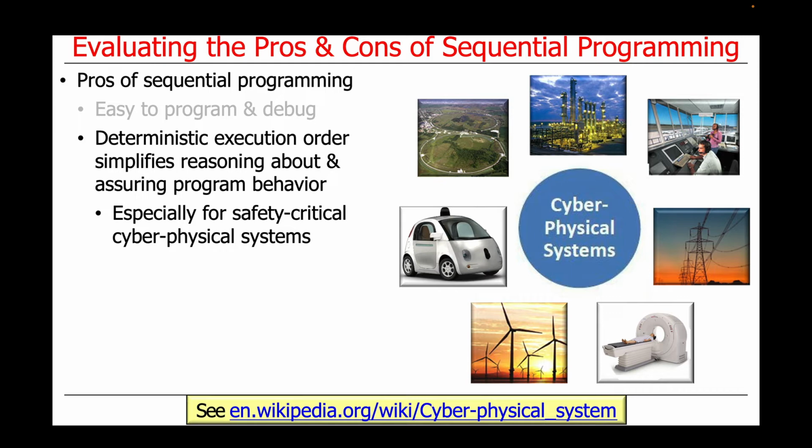These are systems like medical devices, driverless cars, the power grid, airline traffic control systems, airplane flight control systems, various kinds of power plants or various kinds of chemical plants or process control environments, wind farms, scientific experiment laboratories, you name it.